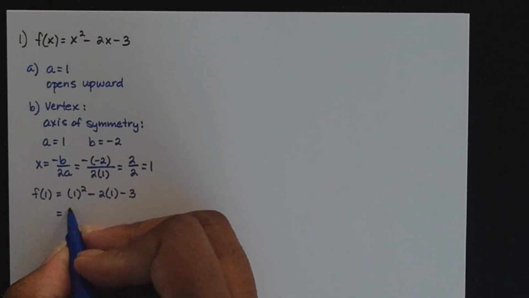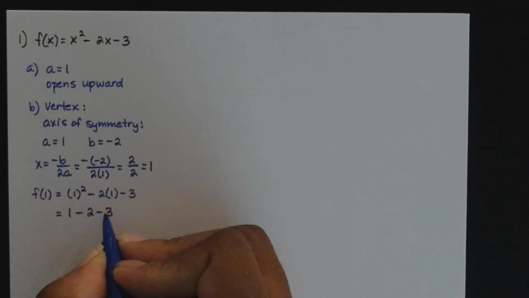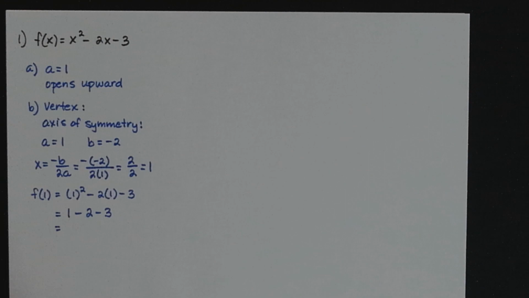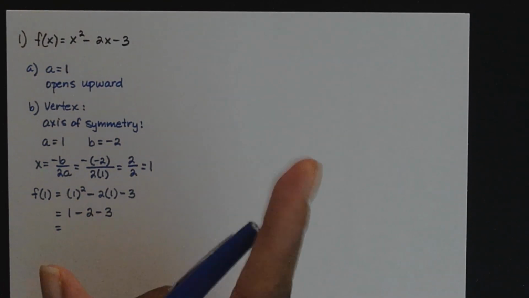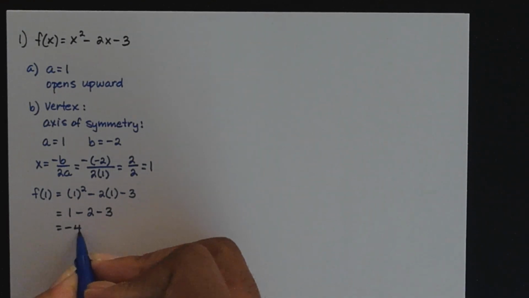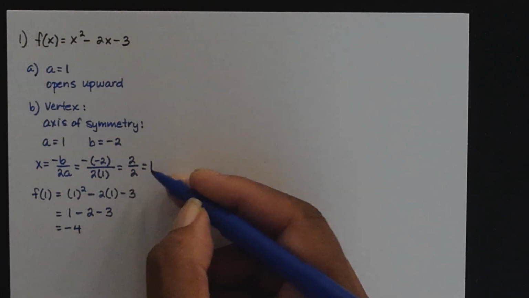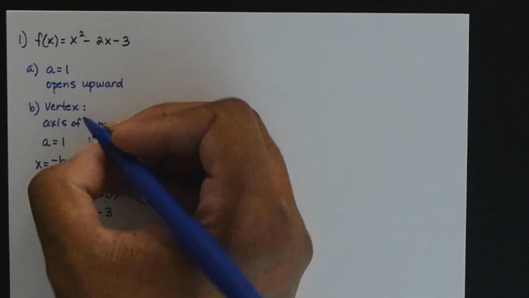Square the 1, that's going to be 1, minus 2 times 1, which will be 2, then minus 3. All right, so what's 1 minus 2 minus 3 going to be equal to? Negative 4. So the vertex of this parabola will be the ordered pair 1, negative 4.